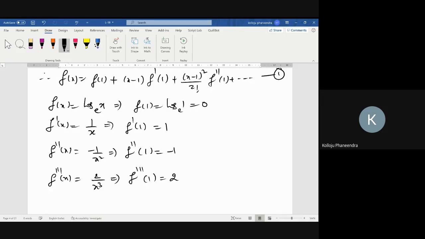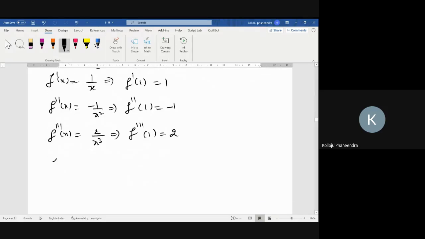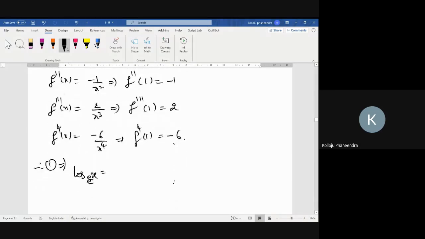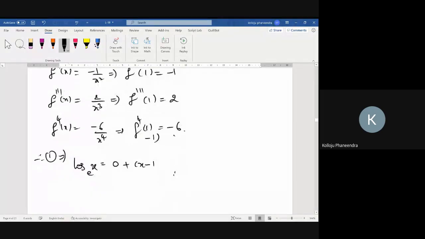And finally, let me calculate one more, the fourth derivative. This is minus 6 upon x power 4. The fourth derivative at 1 is minus 6, and so on. So substitute in equation 1. Therefore f of x, which is log x to the base e, equals f of 1, the first term, that is 0, plus x minus 1 into f dash 1, that is 1.